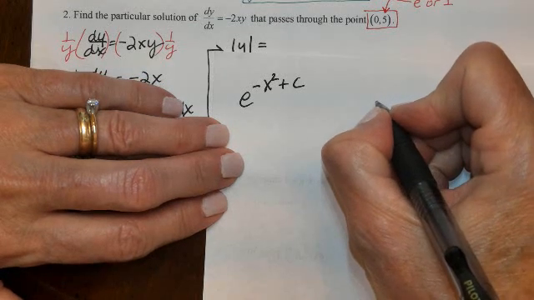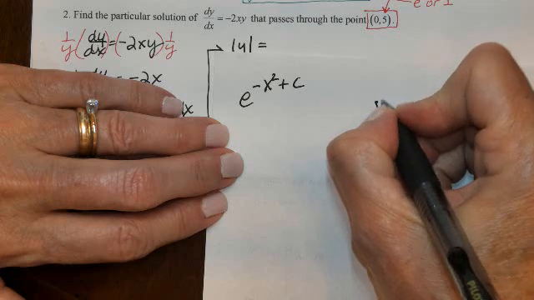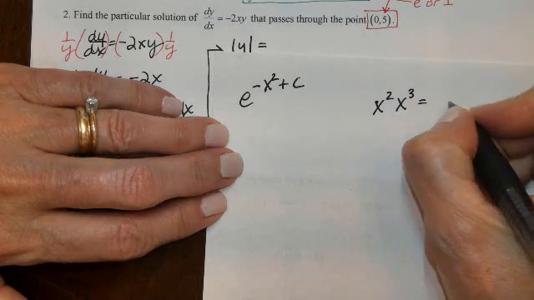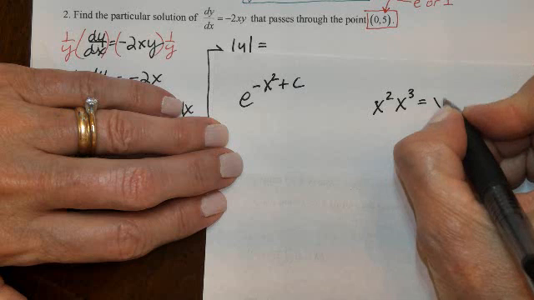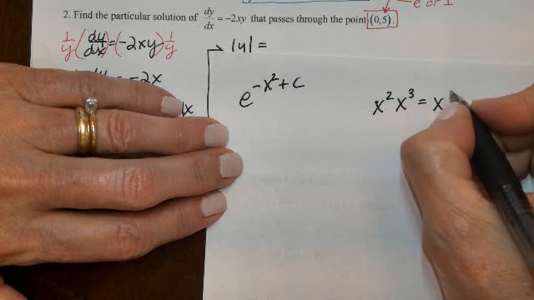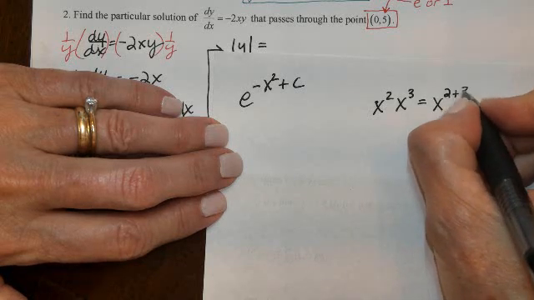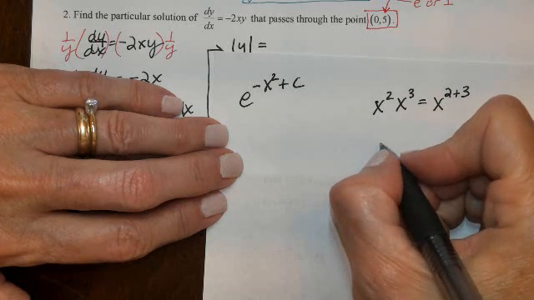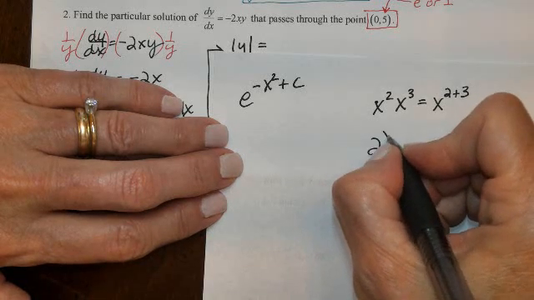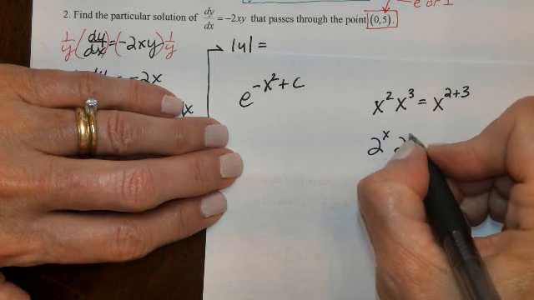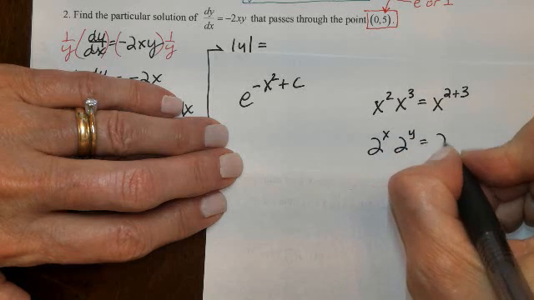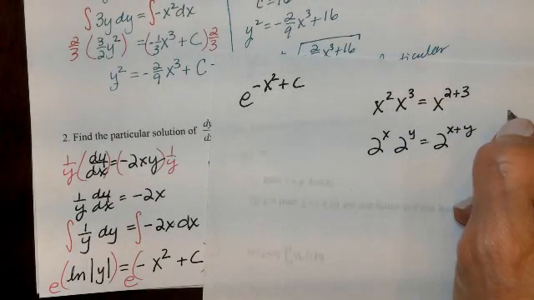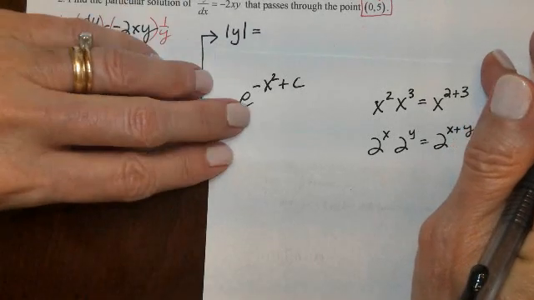If you had x squared times x cubed, what is that? That would be x to the fifth, correct? That would be x to the 2 plus 3, correct? So if I had 2 to the x times 2 to the y, that would be 2 to the x plus y, correct? That's a property of exponents.